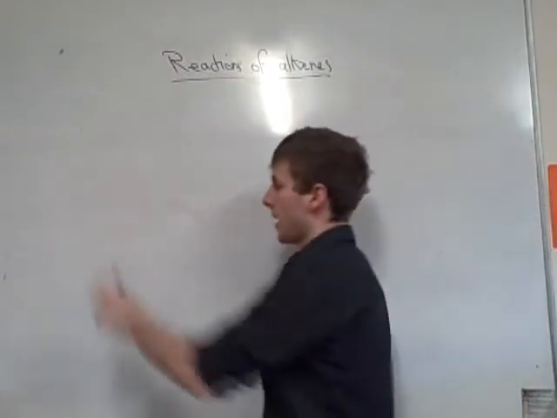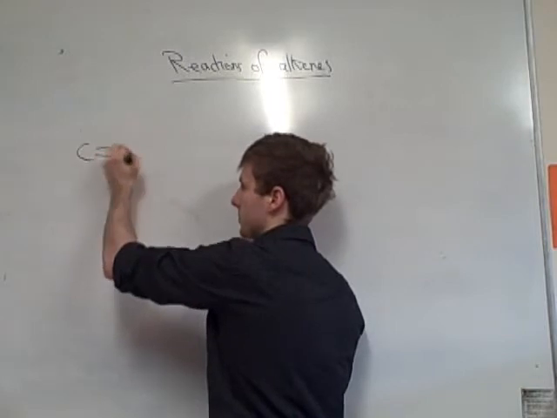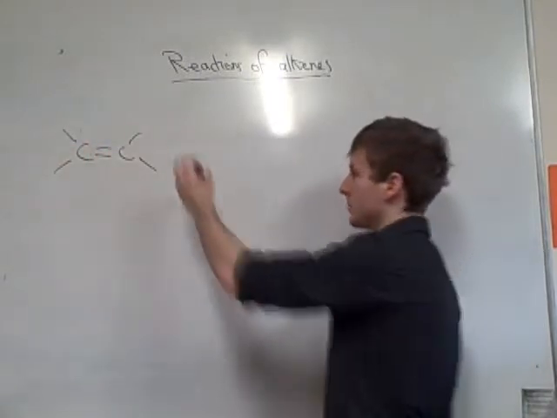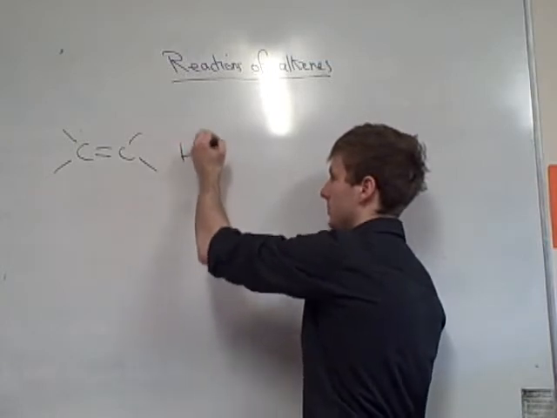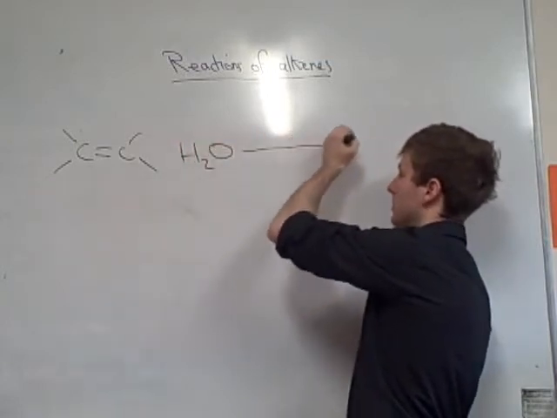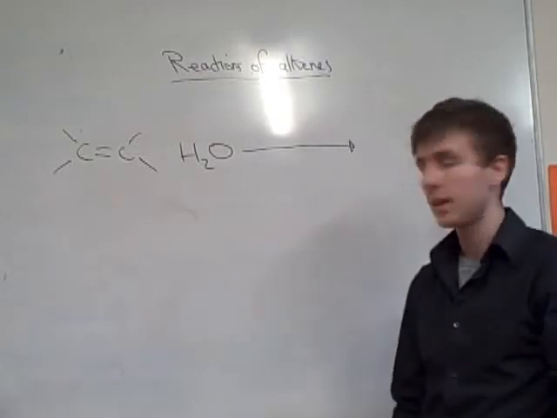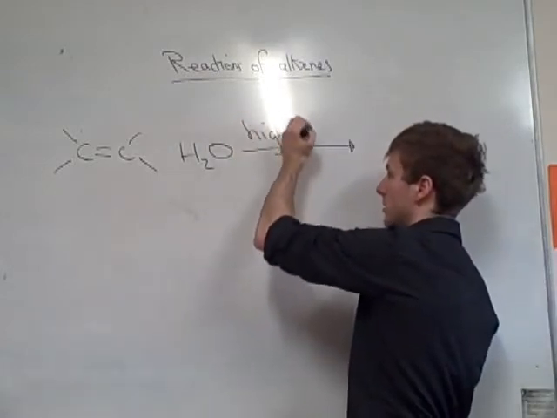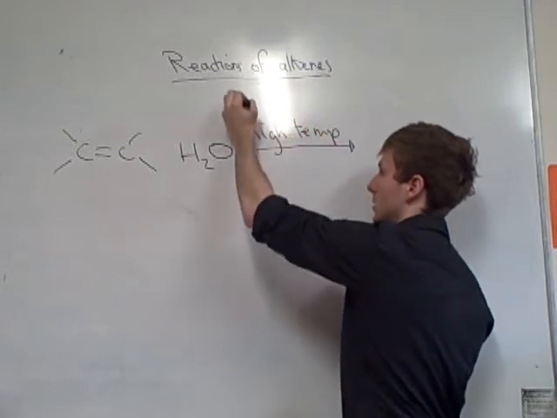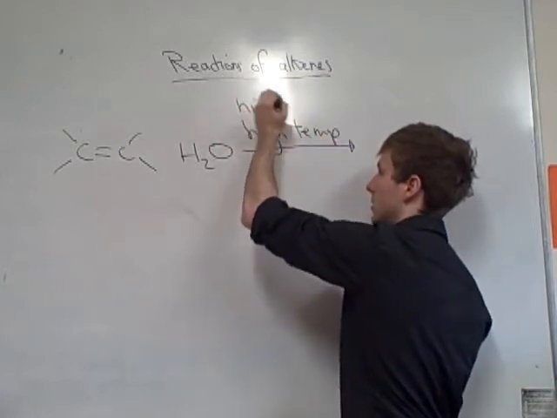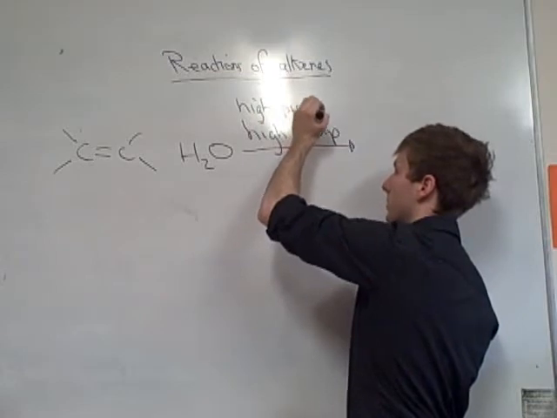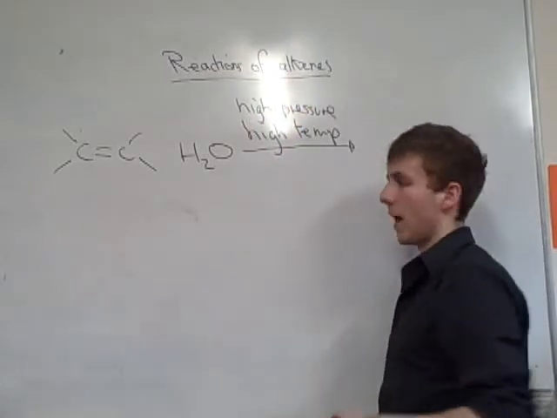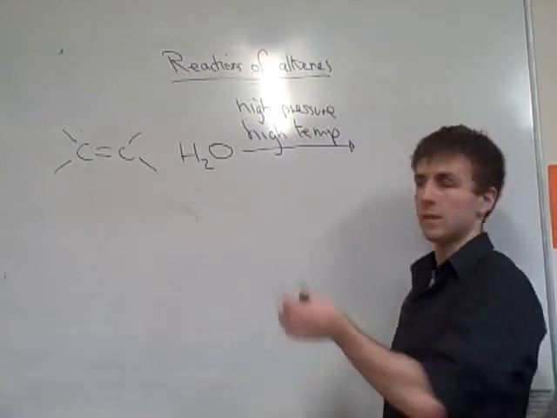Okay, so we can have our ethene and we can react it with water. And the conditions needed for this are a high temperature and pressure, and we also need a catalyst just to speed it up and get it going, and the one we use is a phosphoric acid catalyst.